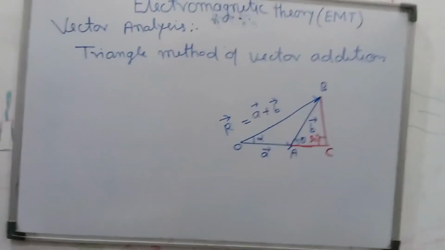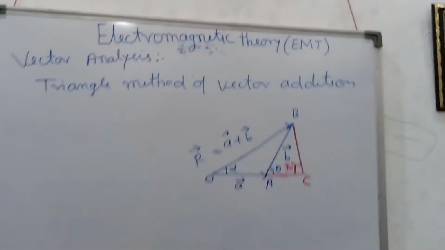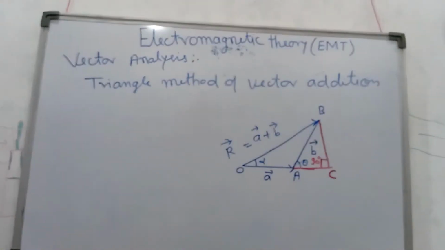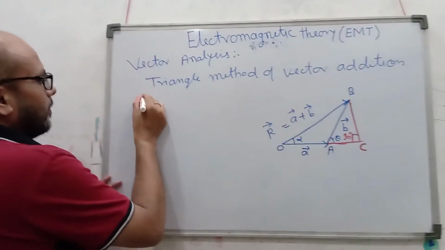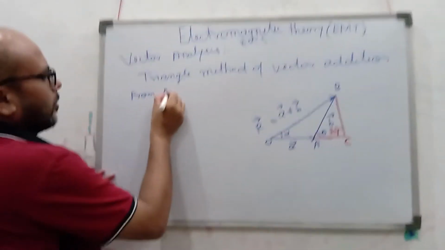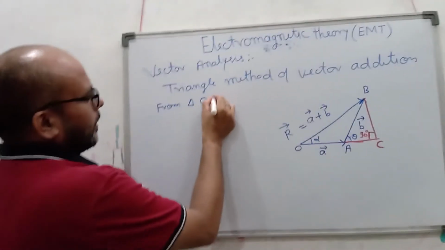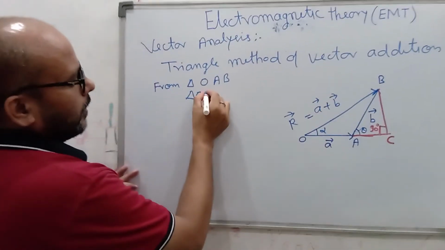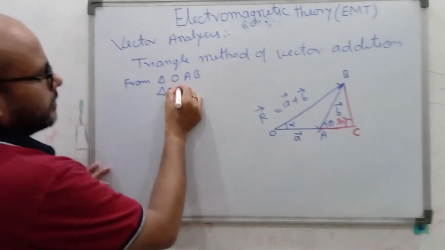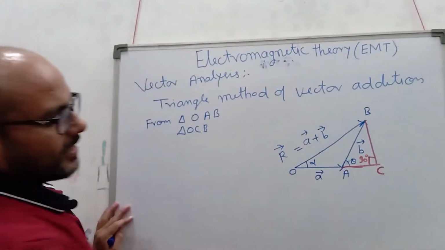To find the magnitude and direction of the resultant vector from this triangle, from triangles OAB and OCB, OCB is the right angle triangle.